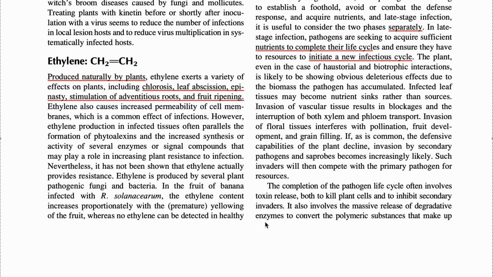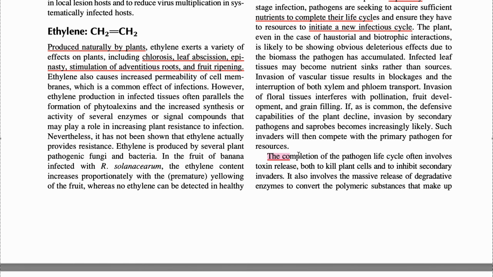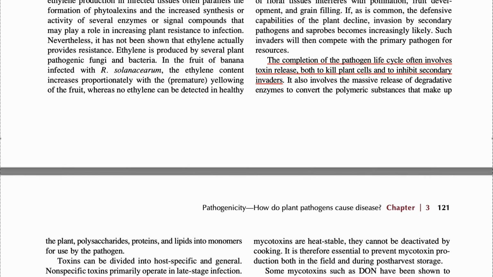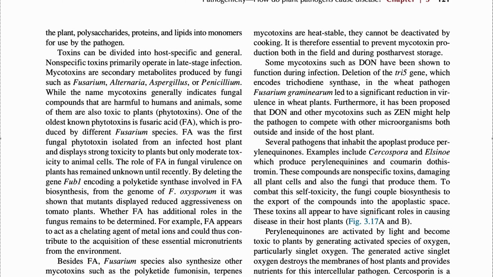So the completion of pathogen life cycle often involves toxin release, both to kill the cells and to inhibit secondary invaders. Now we will get to see a little bit about toxins, right? Now toxins can be divided into host specific and general.